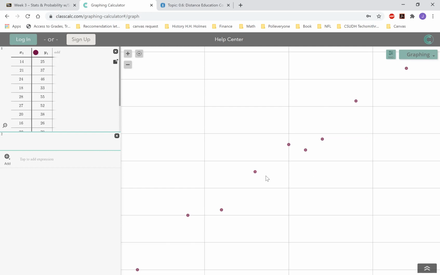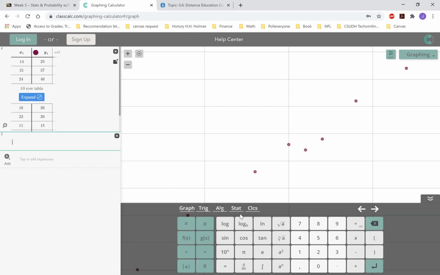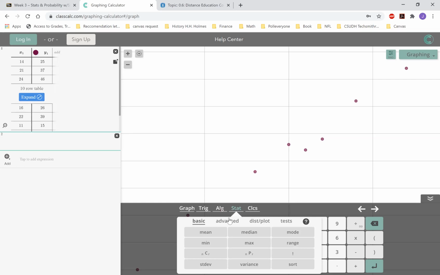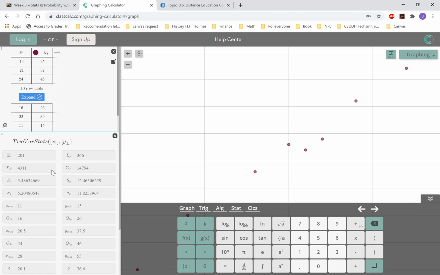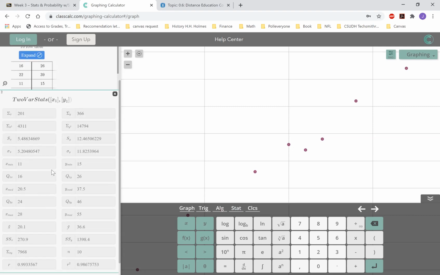If you remember how to find this, you go to the stats button, then go to where it says advanced. Since I have an X variable and a Y variable, you go to var stats. On var stats, you put X1 for L1 and Y1 for L2. It gave me all the information I might want. Here, let me do annotation.